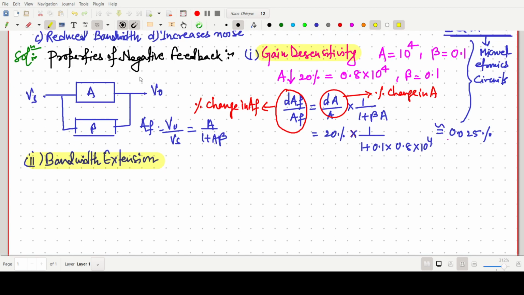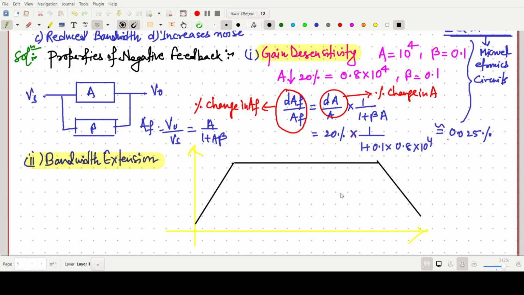For bandwidth extension, I am drawing a graph for you, so it will be much easier for you to understand the idea behind this. Say this one is the amplifier gain.